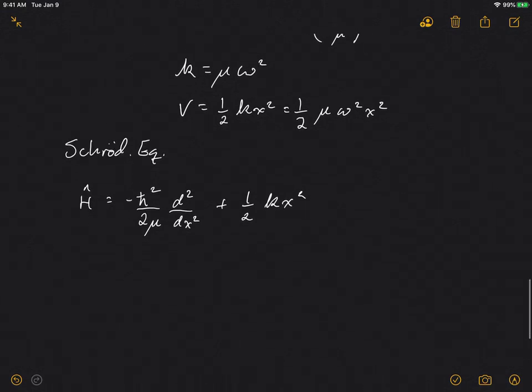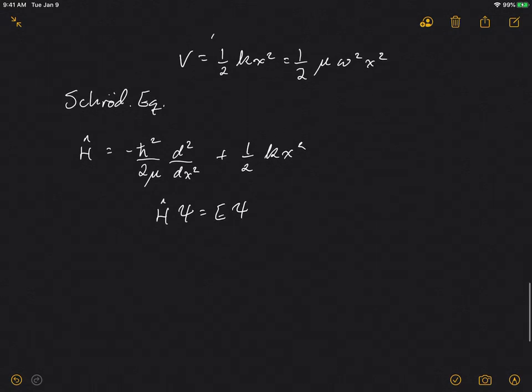And then what we have to solve is the Schrodinger equation, where H psi equals E psi. So we need to try to solve this differential equation, and there are various ways of trying to solve this.